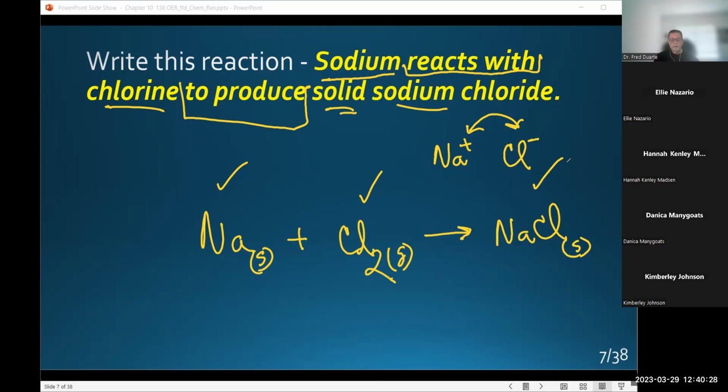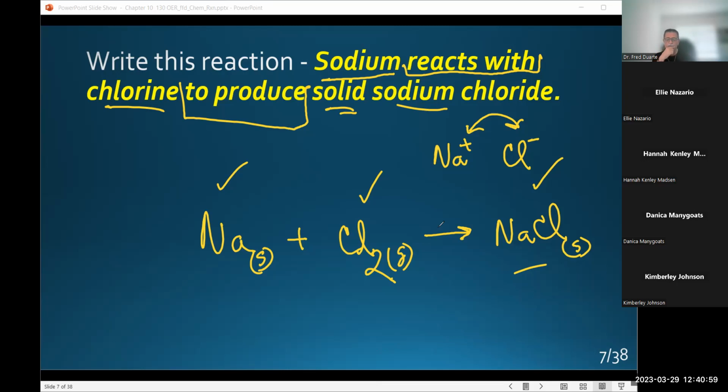Sodium, a very vigorously reactive metal, reacts vigorously with water. Chlorine, a poisonous gas, and they come together to produce something we can put on French fries, good old table salt. All that happened was the transfer of electrons from the sodium to the chlorine.